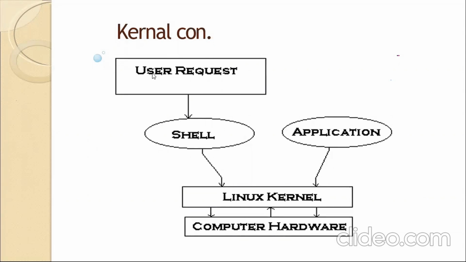All the commands. Suppose I want to write the command ls or who or who am I. So these are commands in the Linux operating system. So the user will write the command on the shell, and the shell will give it to the Linux kernel, and then the feedback or the response will be given from the Linux kernel with the help of the computer hardware to the user. Okay.